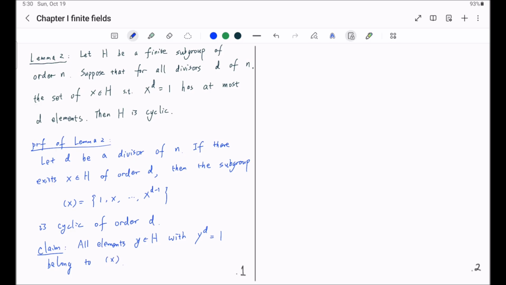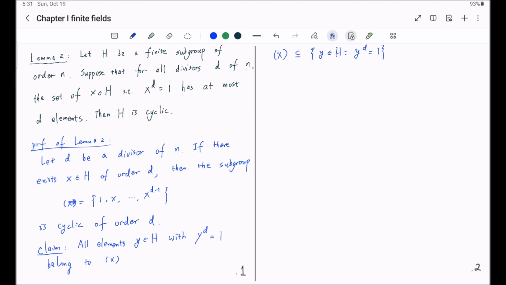Why is that so? This follows from our hypothesis. First of all, we know that the subgroup generated by x must be contained in the set of y's whose dth power is equal to 1. This is clear because x has order d, so x to the d is equal to 1.